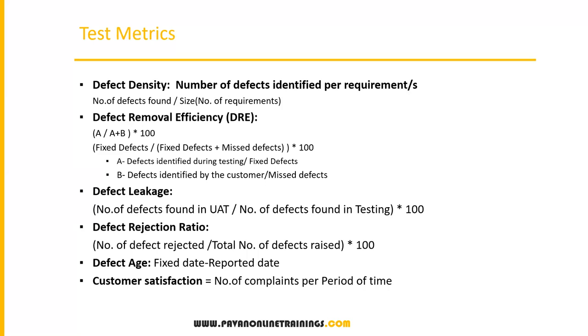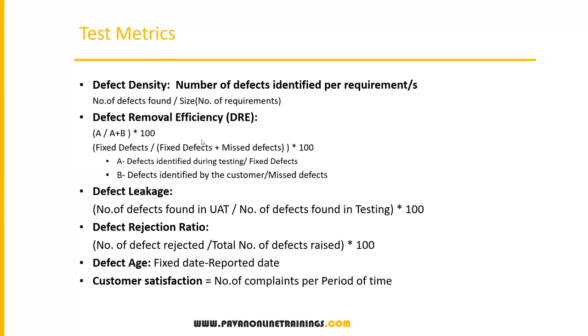Sometimes we may miss some defects, and those bugs will be found by the UAT team in the next phase. So we have to consider those missed defects also. We collect the fixed defects and missed defects information and prepare the formula: fixed defects divided by fixed defects plus missed defects, multiplied by 100.